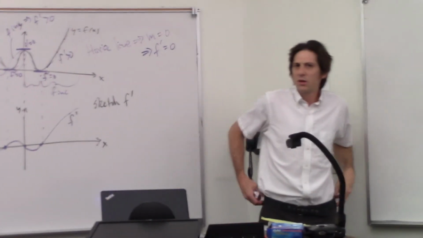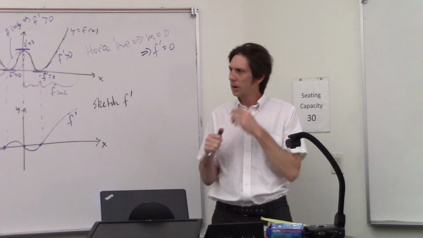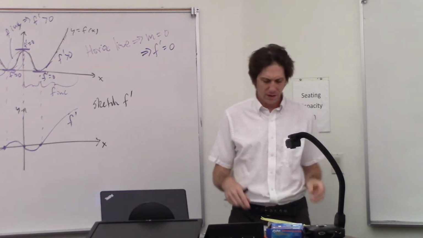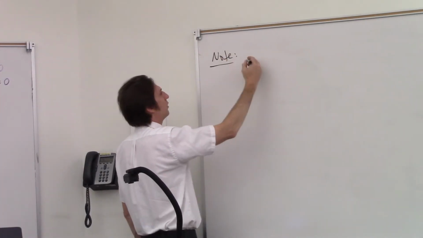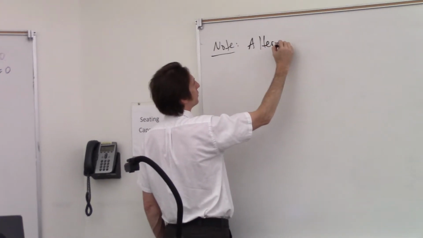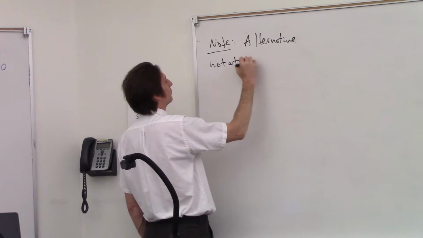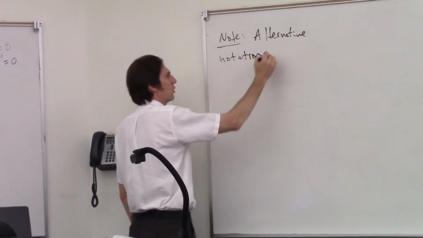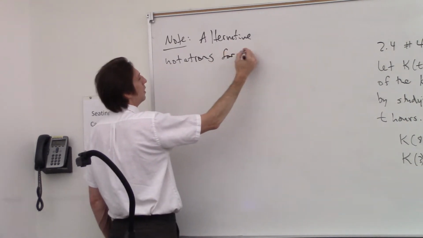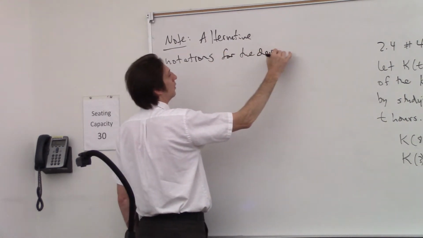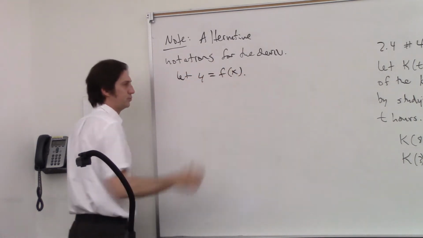Some other material in 2.4 I want to talk about. We're going to save a little bit of it for a later section, but as just a quick note, there are some alternative notations for the derivative. Let's say that our function is y equals f of x.